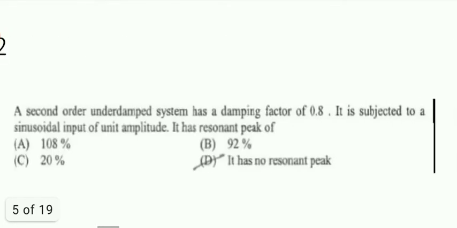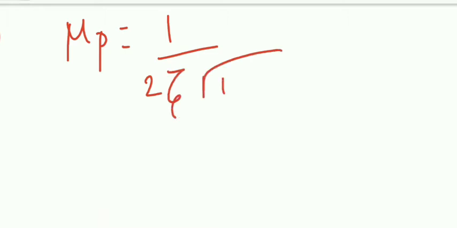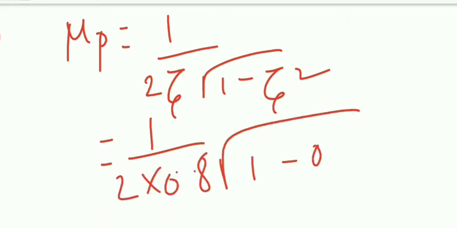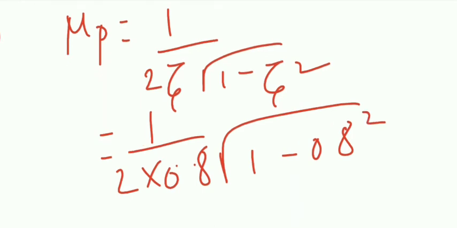Next one. A second order underdamped system has a damping factor of 0.8. If it is subject to a sinusoidal input of unit amplitude, what is the resonant peak? Resonant peak is given by Mp is equal to 1 by 2 zeta root of 1 minus zeta square. Zeta is 0.8, so 1 by 2 into 0.8 root of 1 minus 0.8 square.